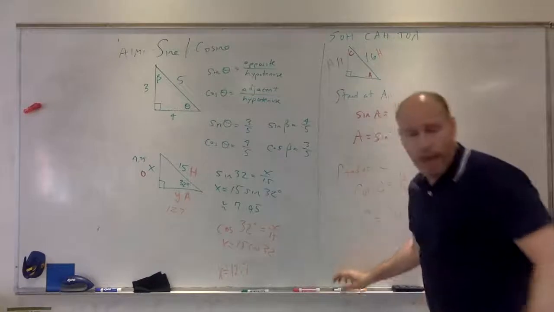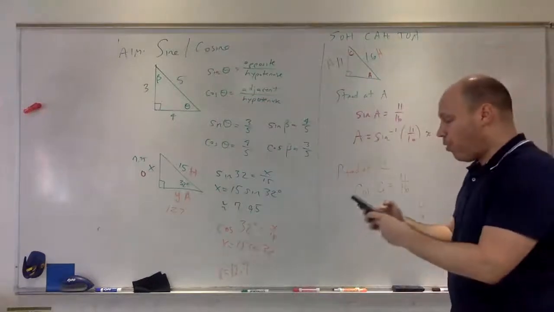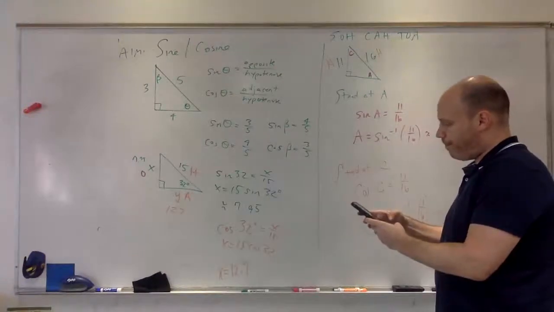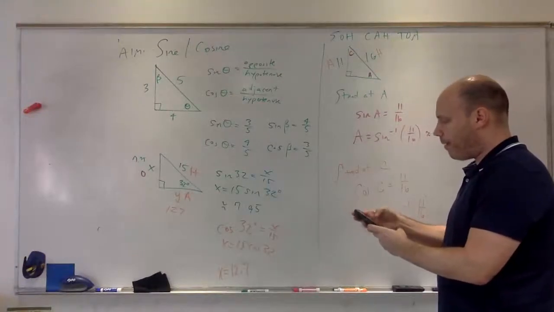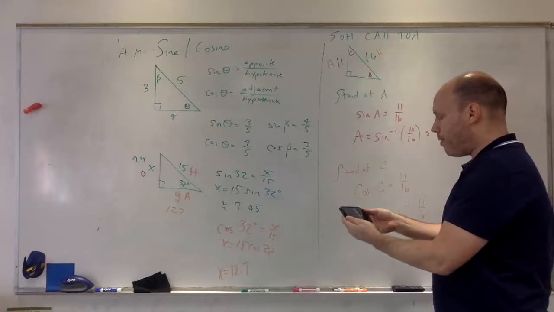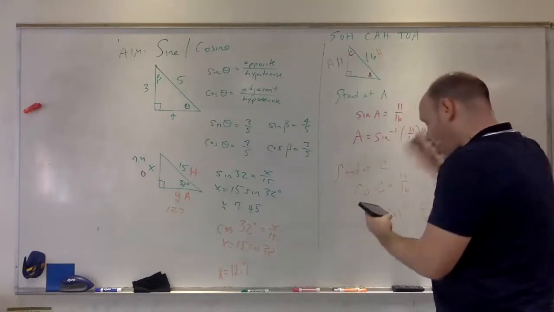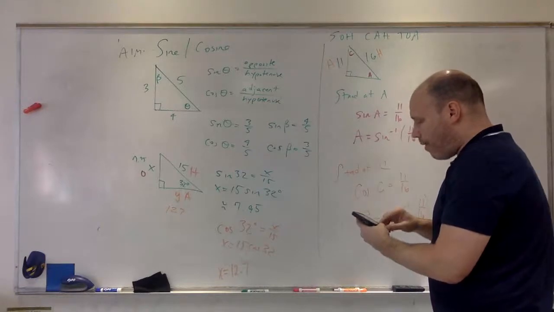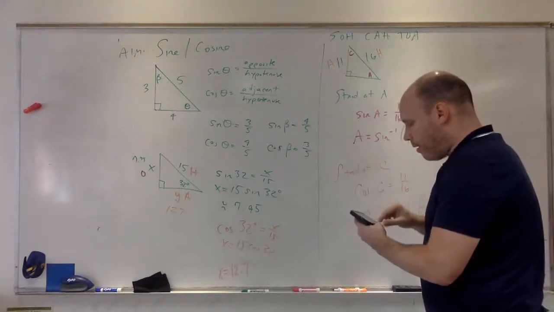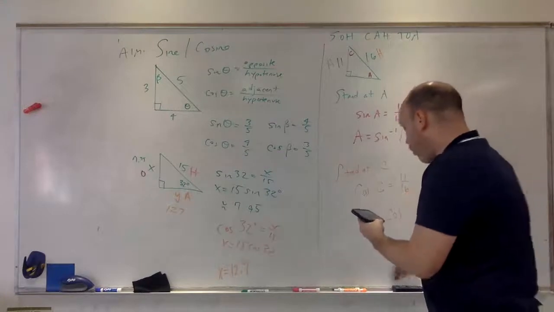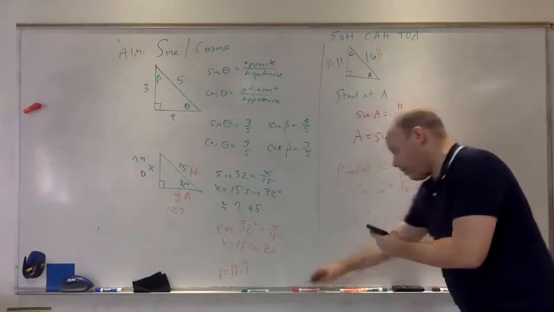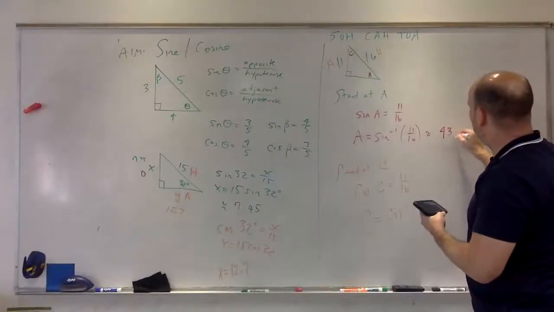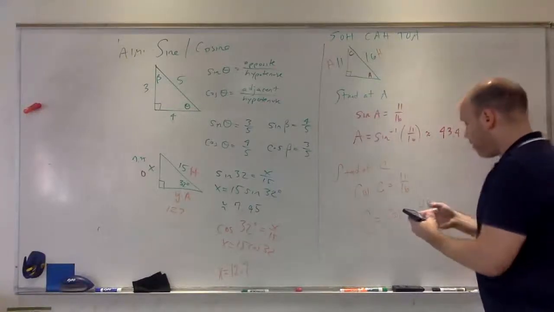So let me quickly do that on my calculator for you. I'm going to do 11 divided by 16, enter, and then second, inverse sine. So the first angle is 43.4 degrees.